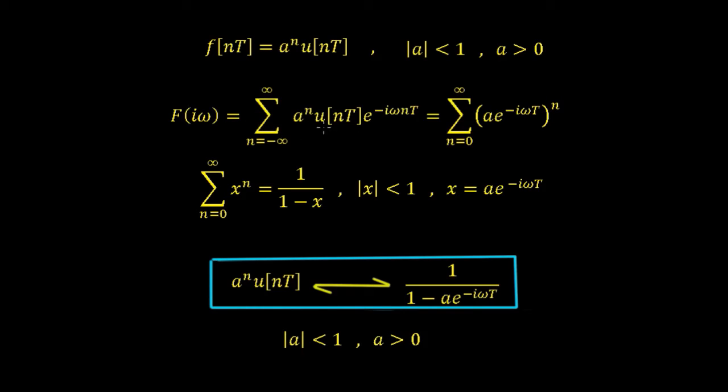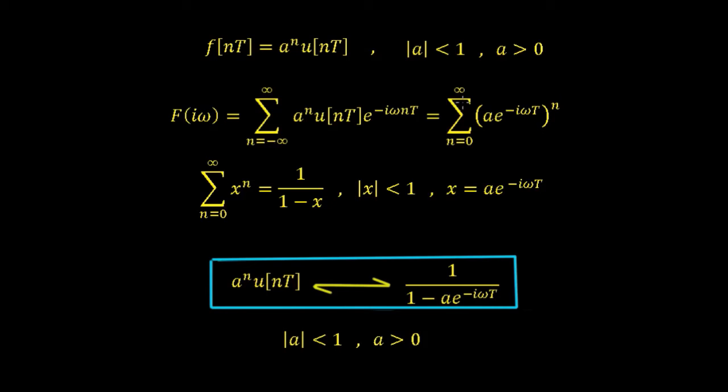So we work out the discrete time Fourier transform of our function. We multiply it by e to the minus i omega nt from n equals minus infinity to infinity, but this function here is equal to 1 whenever n is greater than 0.